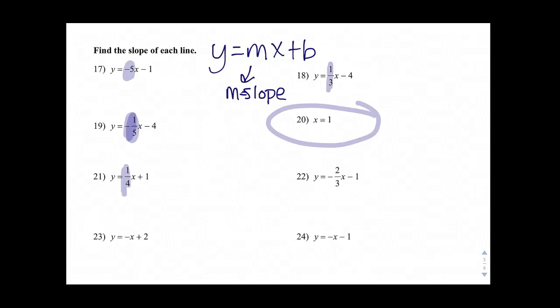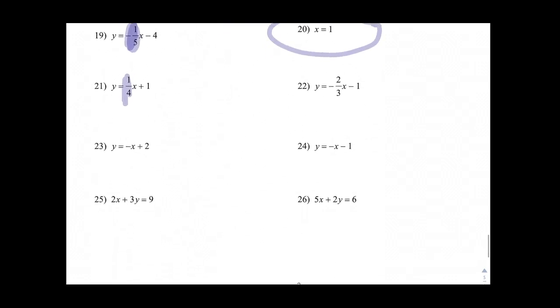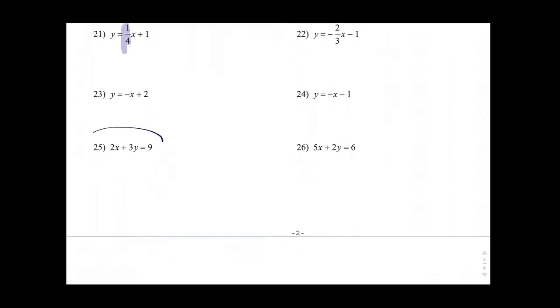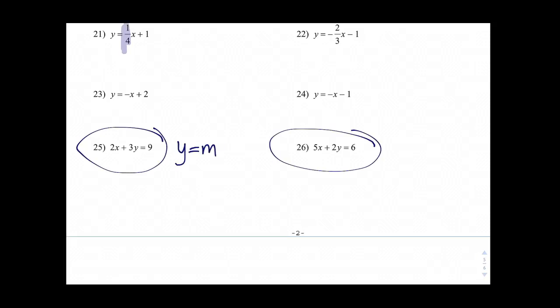But I can still go through and I can just highlight all those slopes. Problem is this one. Problem is this one. So for 25 and 26, you need to change these into y equals mx plus b form. The way you do that is by subtracting the 2x over and solving for y.